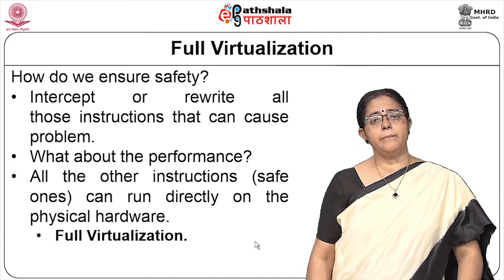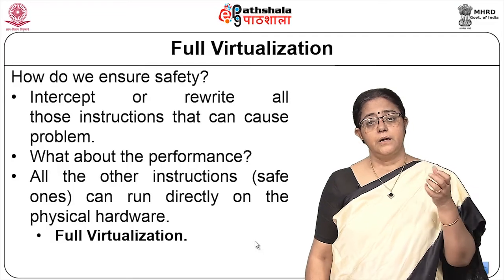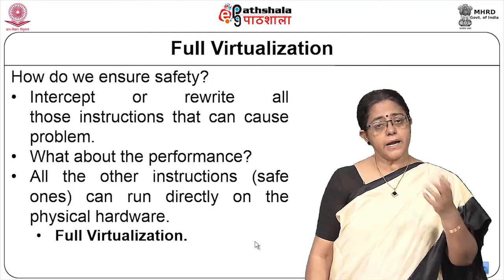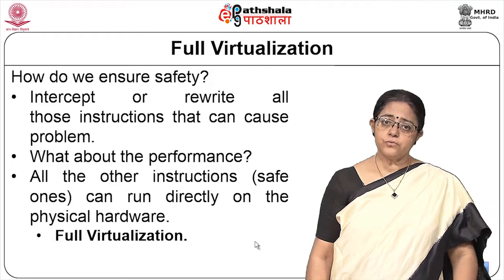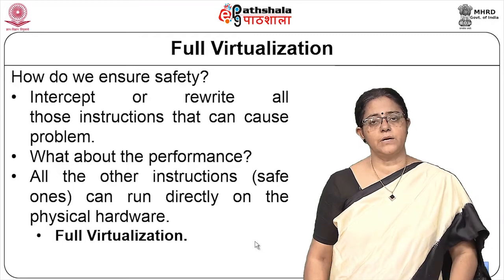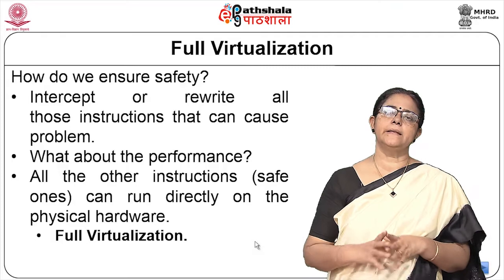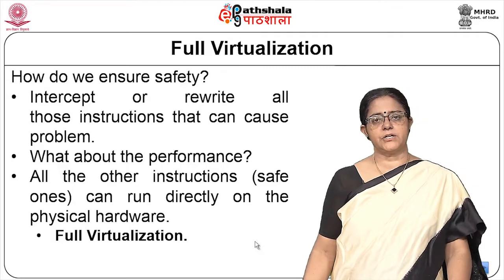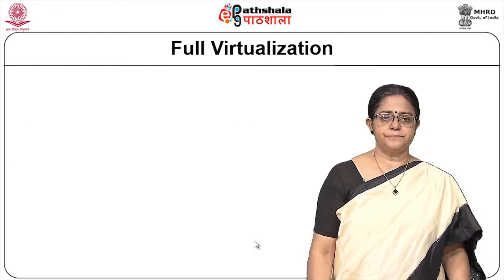We make sure that most, or the bulk, of the instructions are executed at native speed. We can do that by using what is known as full virtualization. Here we apply the method of binary translation and trap and emulate, and we call it full virtualization.